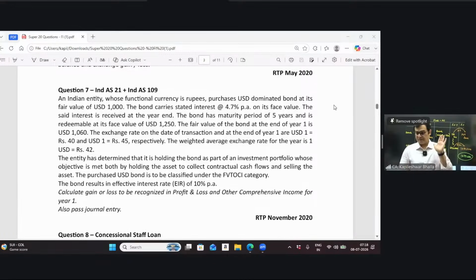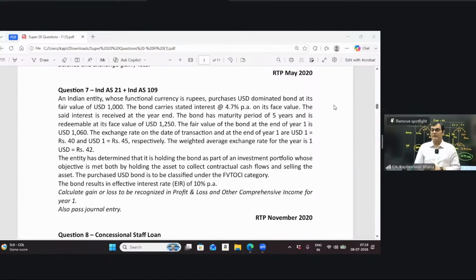Now it says the entity determined that it is holding the bond as a part of the investment portfolio whose objective is to meet both by holding the asset to collect contractual cash flows and selling the asset. I think the business model stands very clear in the question. There is a dual objective of holding the security till maturity or selling it.